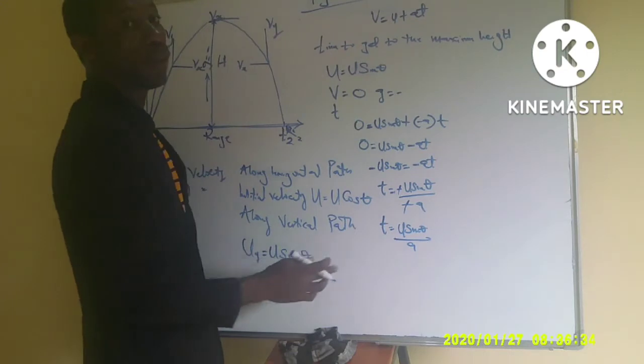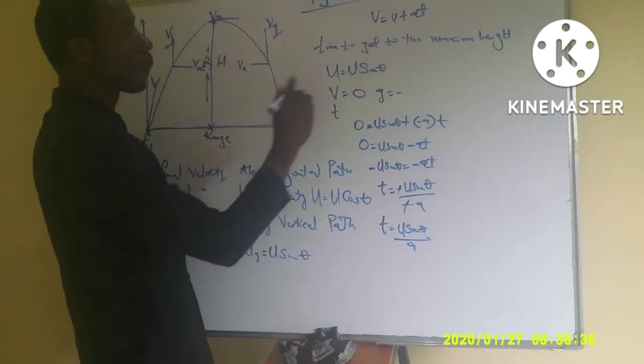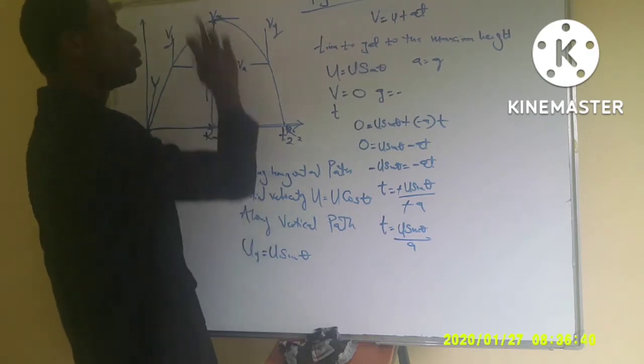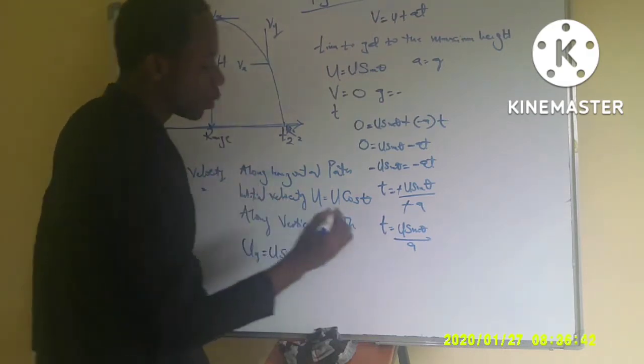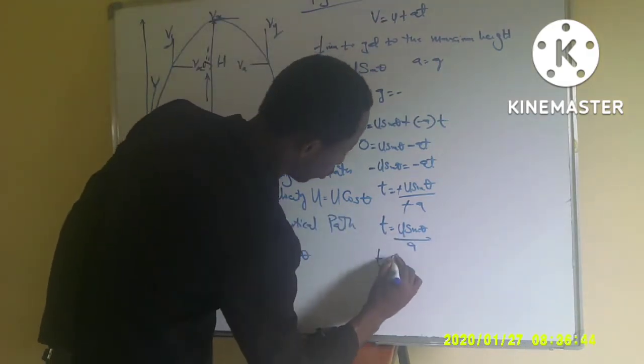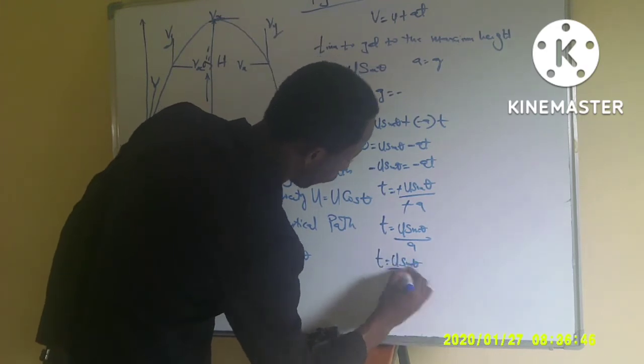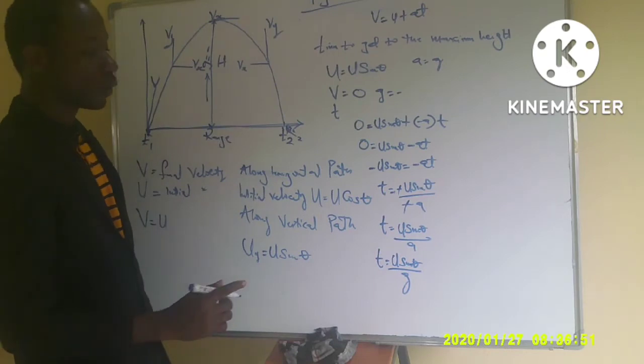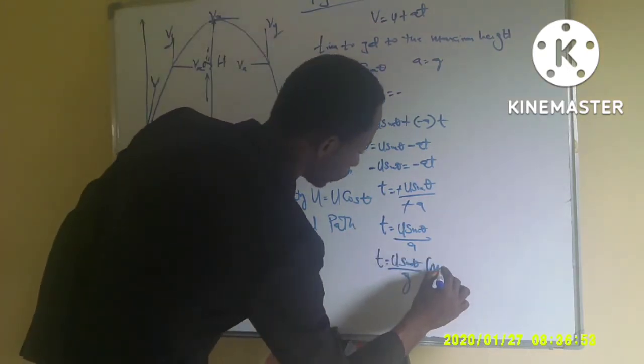Remember, it is a if it is linear, but now it's moving upward, so our a is equal to g, the acceleration due to gravity. So t is equal to u sine theta over g. This is the time taken to get to the maximum height.